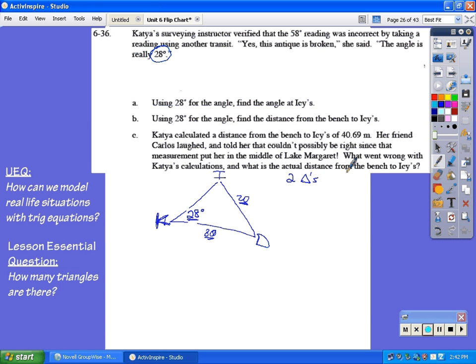Situation one is the one that is provided for us here. We're going to have angle K, and we're looking for angle I right here.